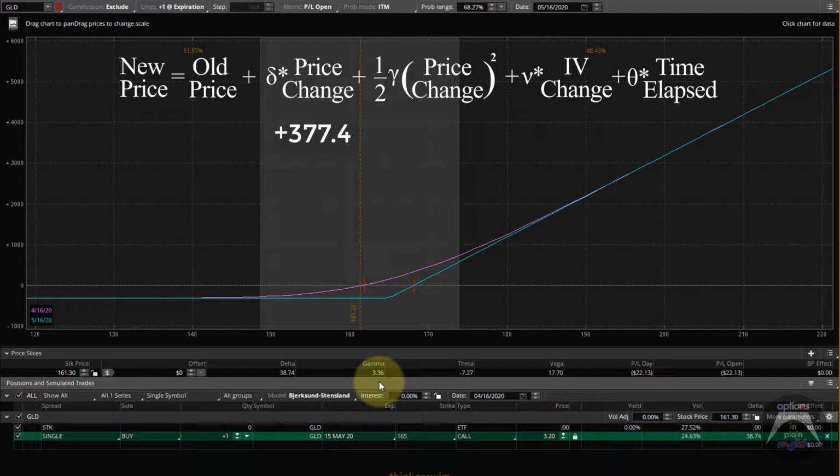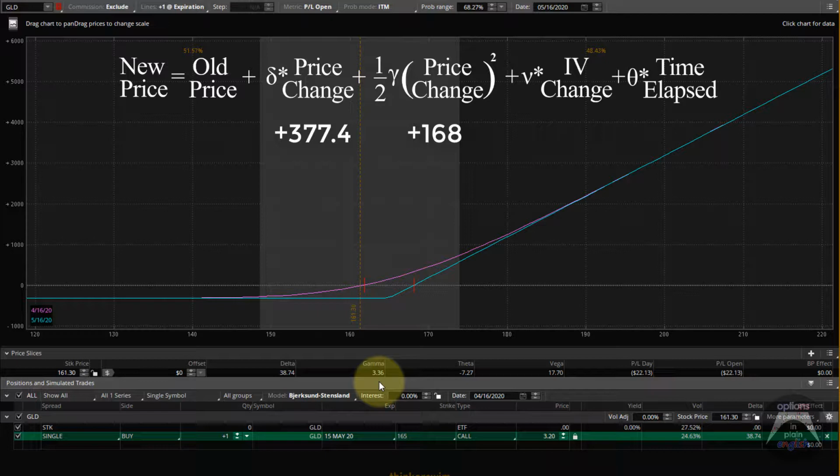The change was $10, squared is $100, multiplied by gamma, which is 336, divided by 2. So this is going to be 168, I believe. Yes, 168.